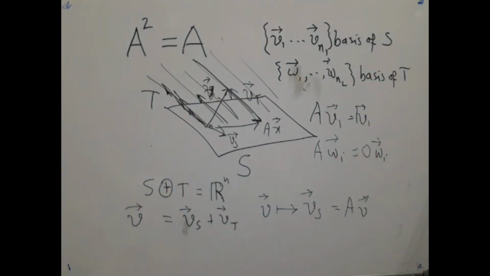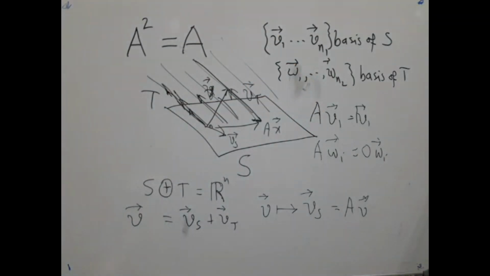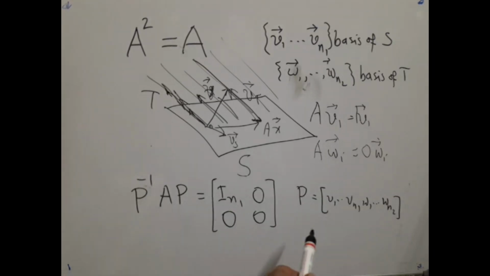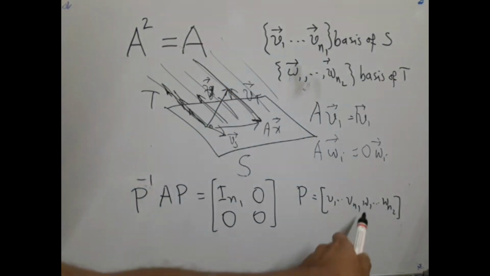So I can directly see that all these things are eigenvectors and they make a basis. So immediately I see that this is a semisimple matrix. Not only that, I can explicitly write down the form. So the P that I'll be working with is precisely this. I will take all the v's first and then all the w's.